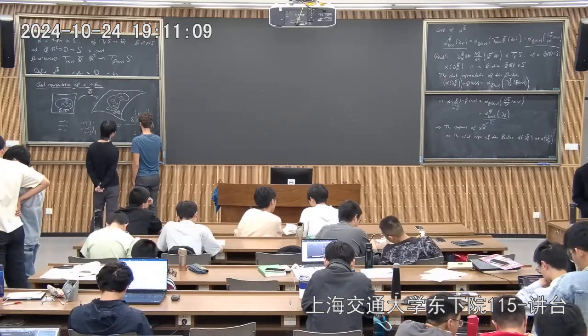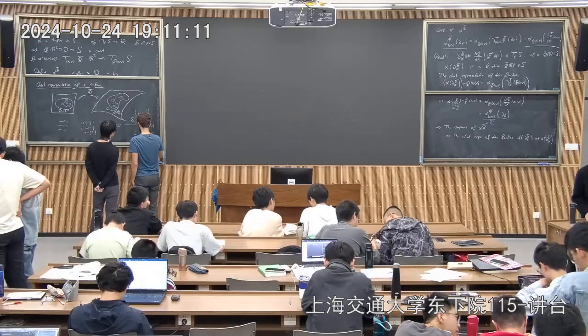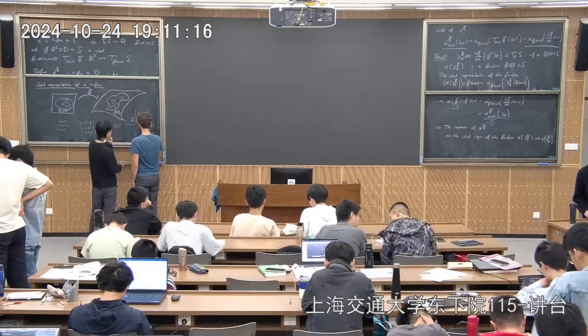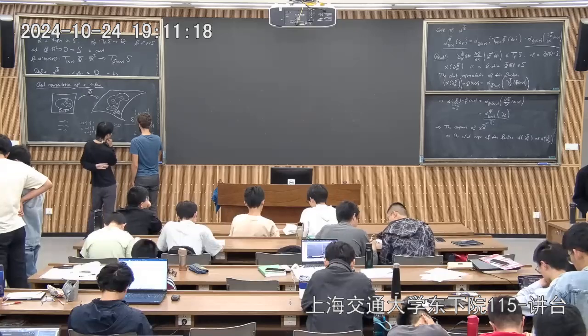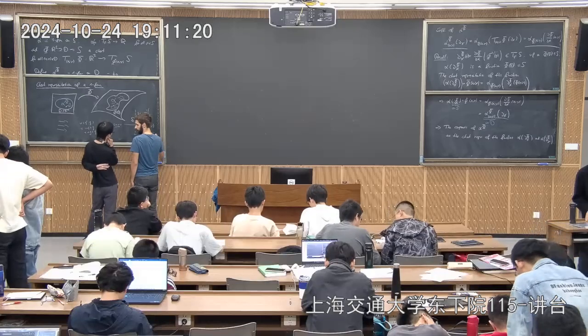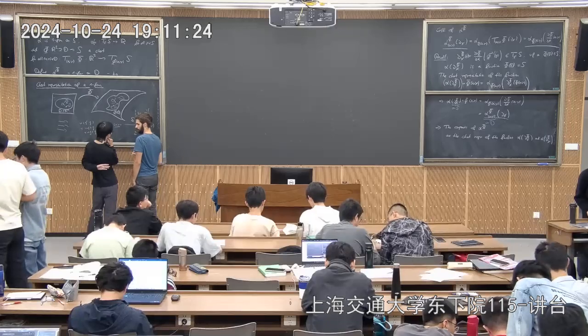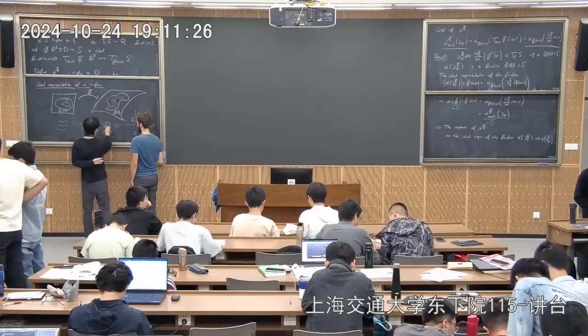So this one is also a chart. What we called was we have a curve in the surface S, which was smooth, and then we just take the derivative. But how to define this one?